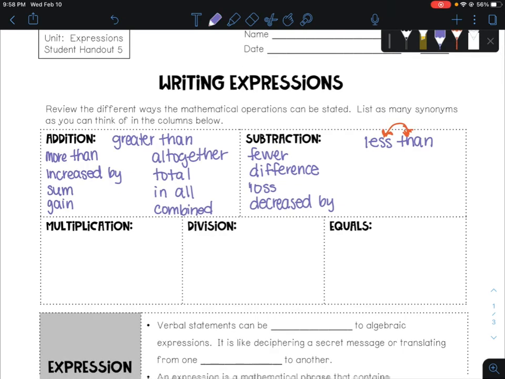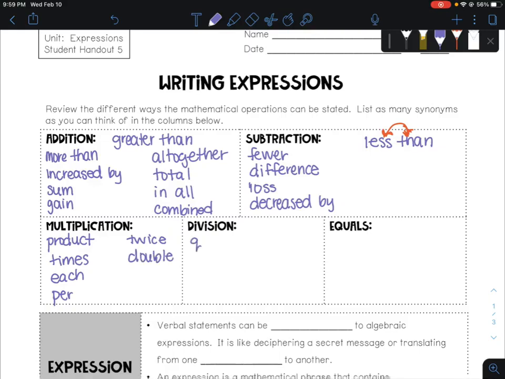All right, multiplication. Product, times, each, per, twice. You might see double, or you can keep going, triple.